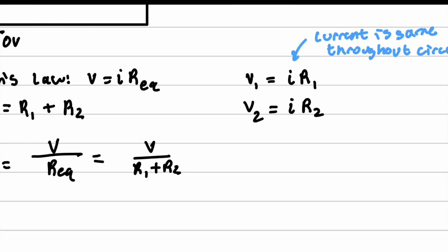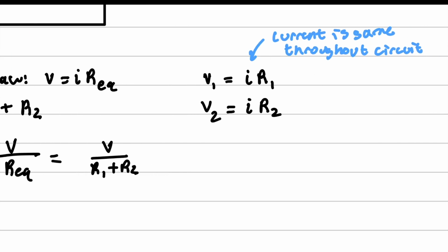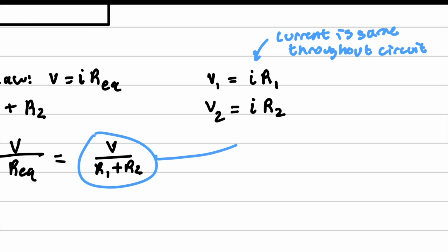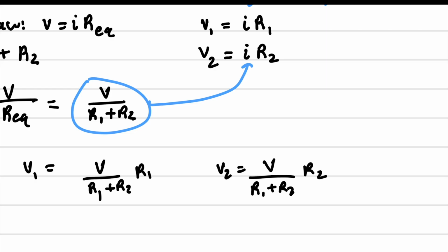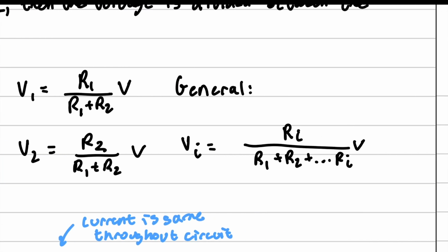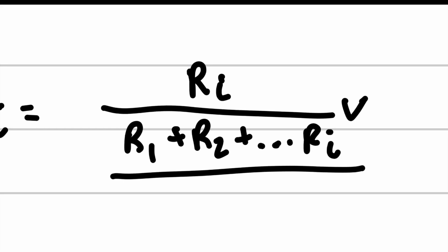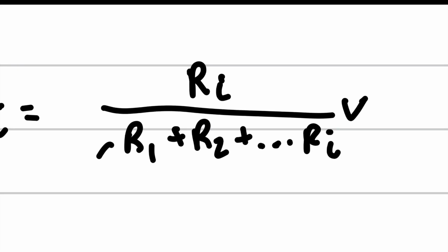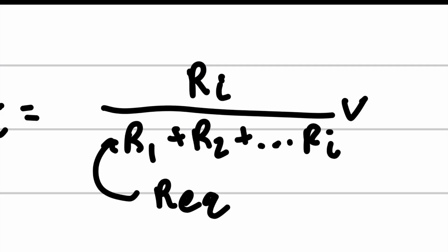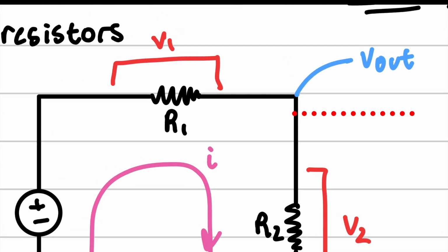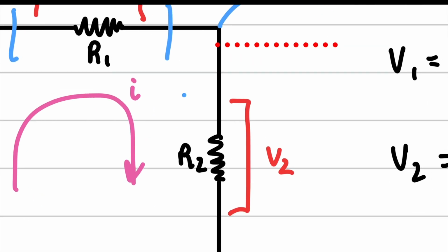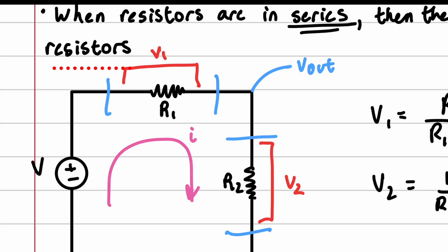Now we have the equation for I, so all we have to do is plug I into each one of these, which gives exactly what we have here. The general formula has the sum of all the resistors, R equivalent, in the denominator, and the specific Ri in the numerator. Because it's just a fraction, we're getting a fraction of this configuration's voltage dissipated across each resistor.